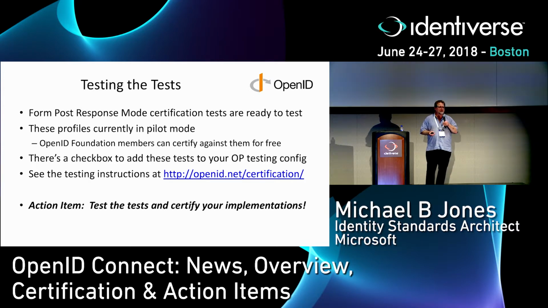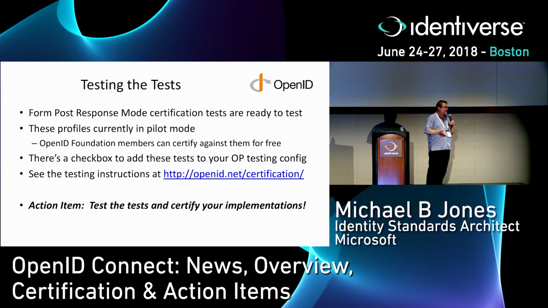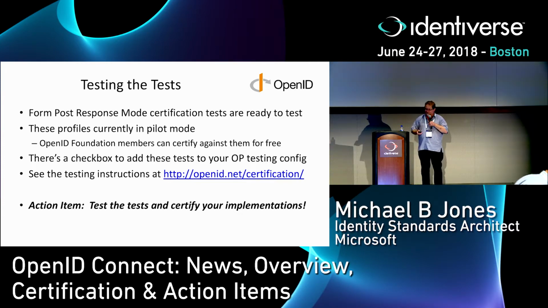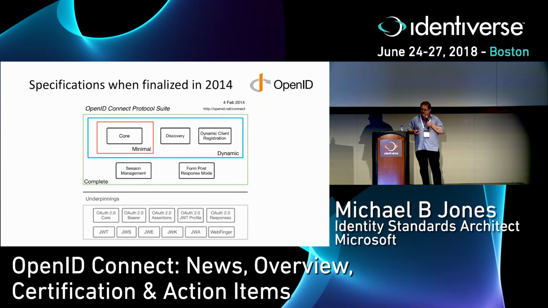So please try this against your implementations. Because this is new, we always put new certification tests into pilot mode and available to all OpenID Foundation members for certification for free until we feel like we've tested the tests enough to say these are rock solid. We'll add them to the production program. So that's the second new thing and your second action item.